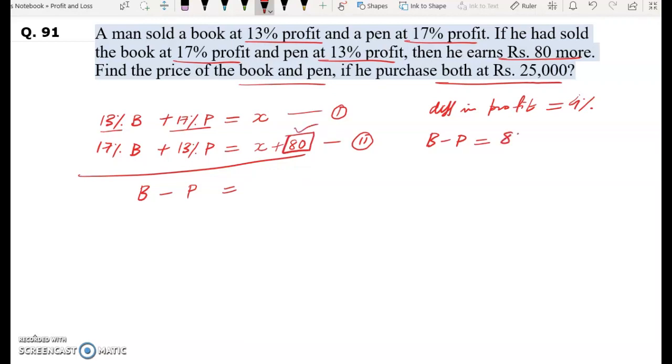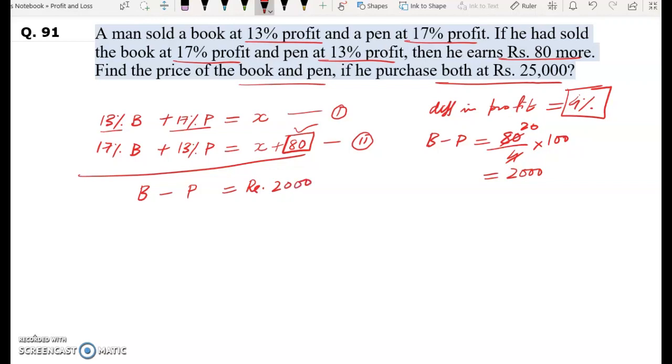We will divide this profit which is more, 80 by 4%, the difference in profit. So if we divide it by 4, 100 will go up. 4 into 20, this will be 2000. So the difference in the price of book and pen is B minus P is rupees 2000.